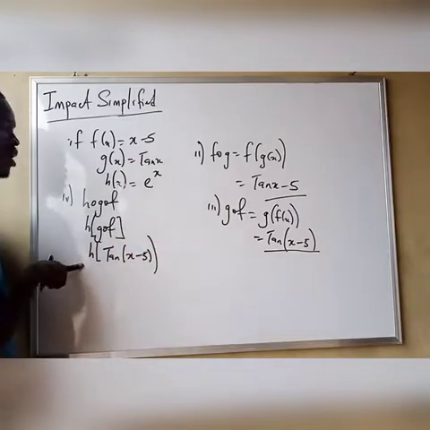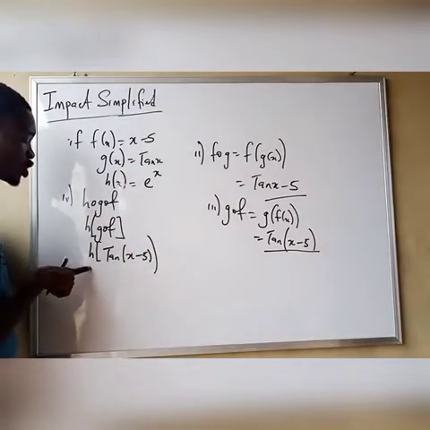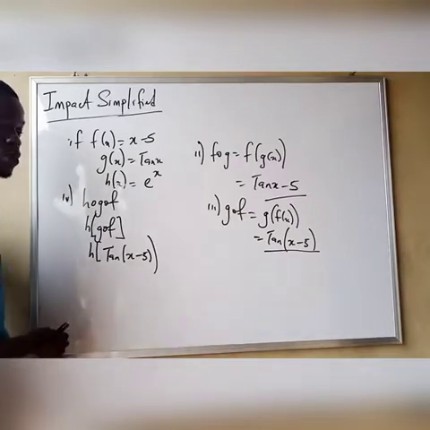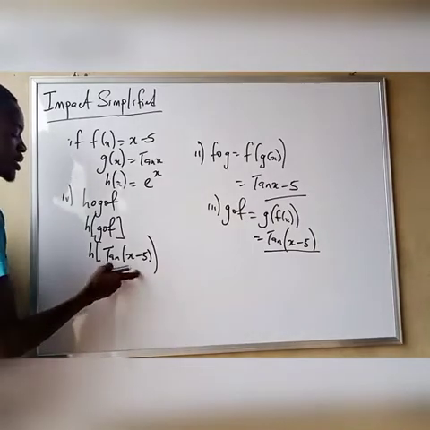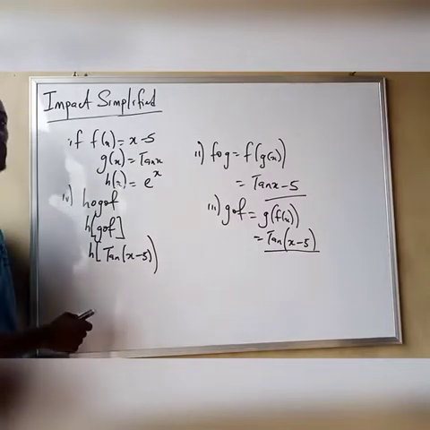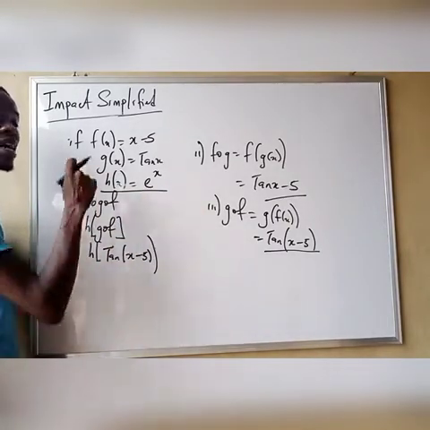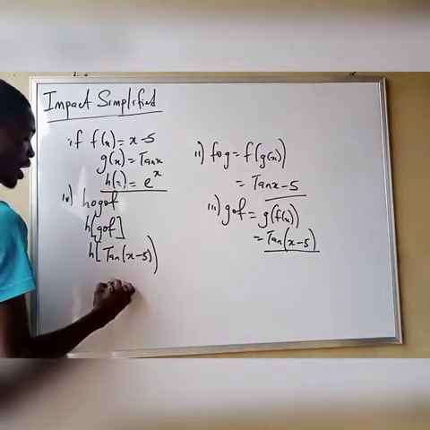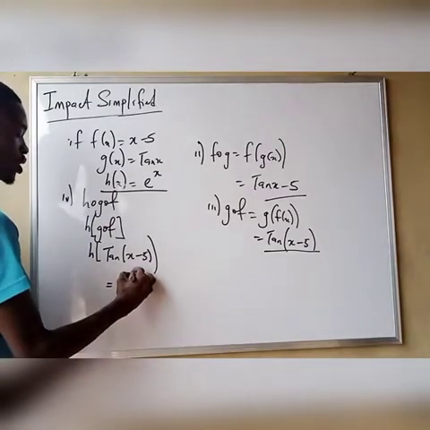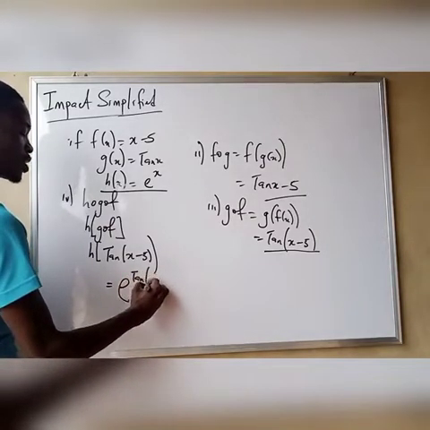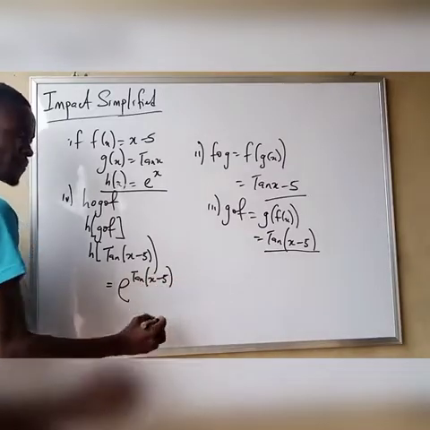So now, what is the expression for h of this bracket? That means you insert this function inside h. That means anywhere you are seeing x inside h, you insert that x as that bracket. And this will now give us the exponential x, and that x is tan x minus 5.